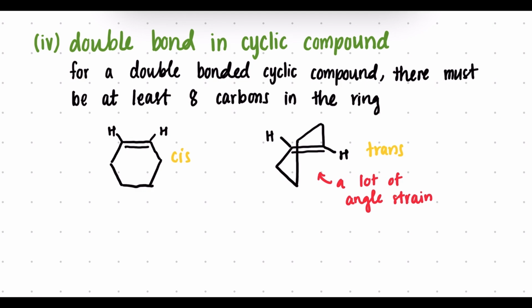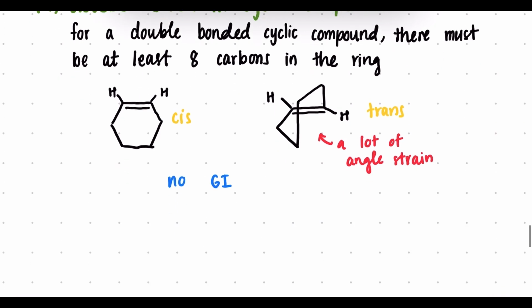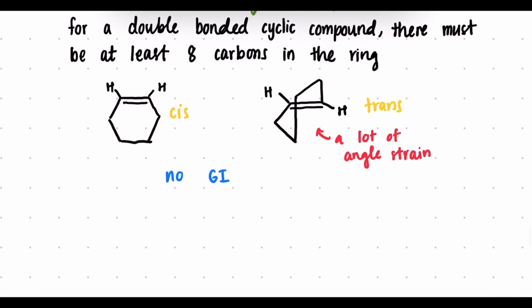So it's like really not wanted in a compound, and hence this does not exhibit geometrical isomerism. So no GI. Now this would be what we call cis and trans, however it does not exist practically due to angle strain.